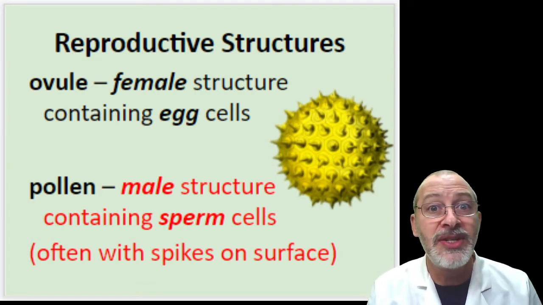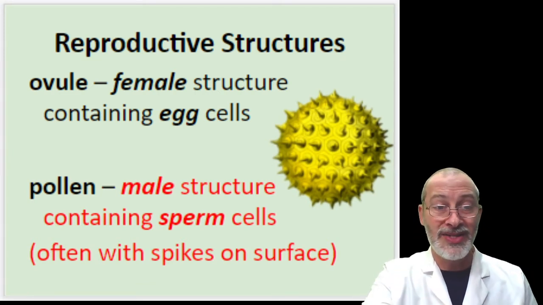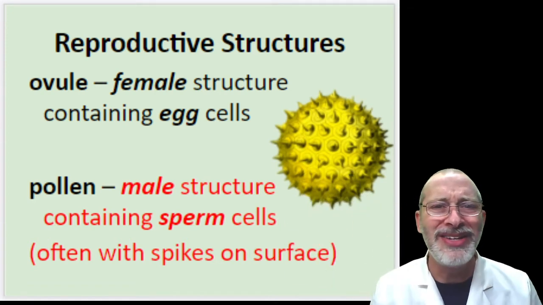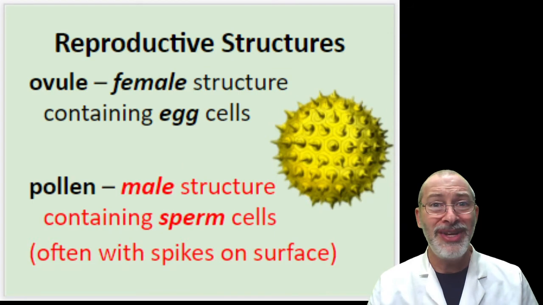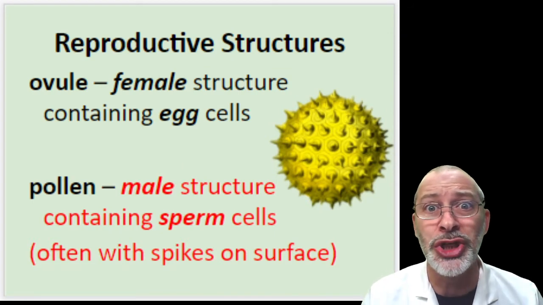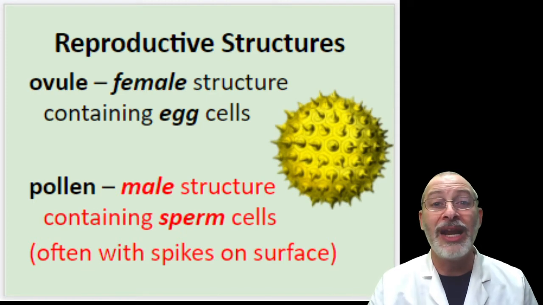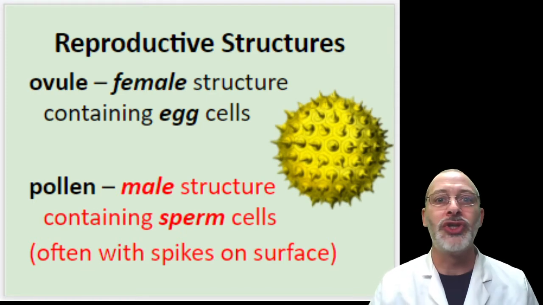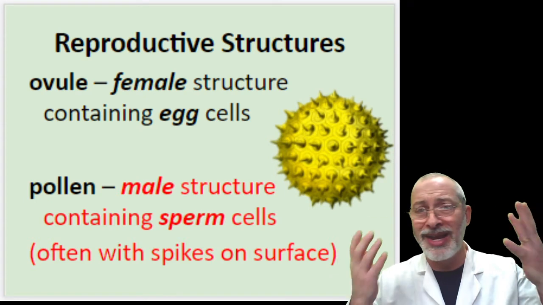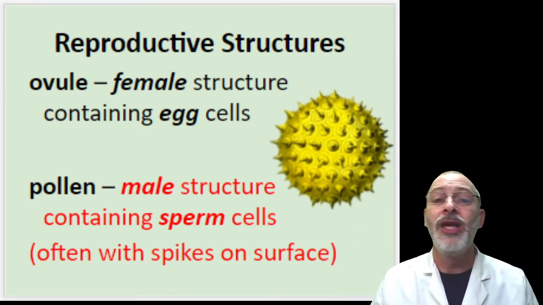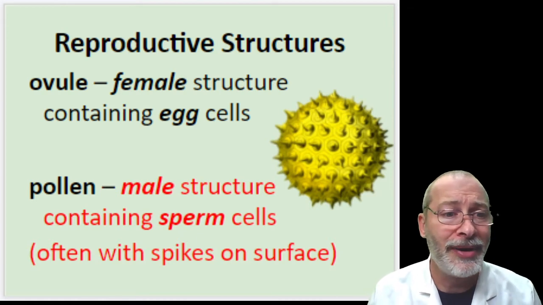It's a very sensitive area. And if you get something with spikes on it landing on that very sensitive tissue inside your nose, it may cause an irritation. So much so in some folks that it will cause an allergic reaction. You start sneezing and sweating, your eyes tear, your nose runs. If you suffer from allergies, you know what I'm talking about, right?